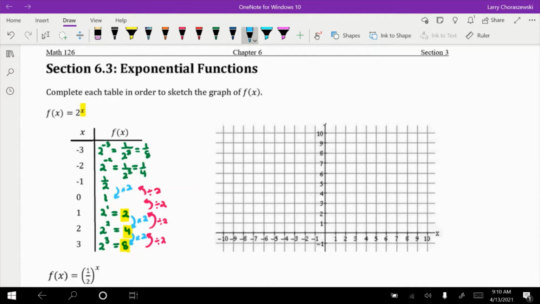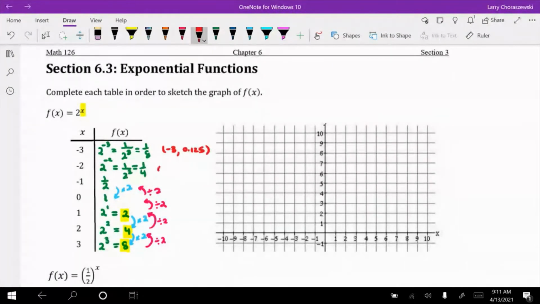All right, so I'm going to form ordered pairs for all the points that we just made, and I'm going to use the decimal equivalent for these fractions, just so that it's a little easier to plot. So when x is negative 3, y is 1/8, which as a decimal is 0.125.